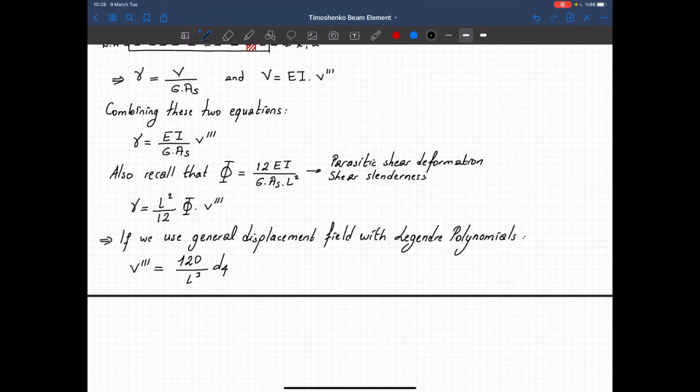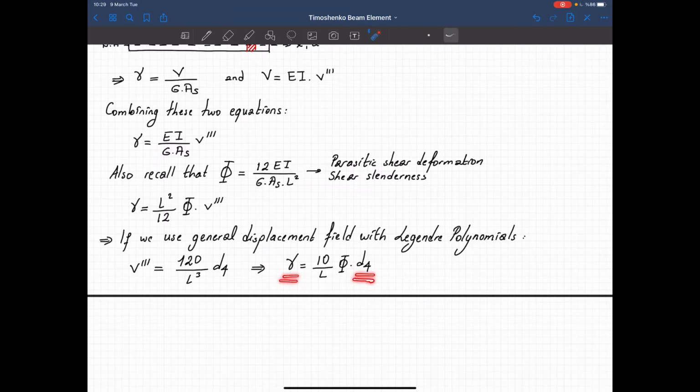Okay, so my shear strain will be equal to 10 over L multiplied by the shear slenderness times D4. So what we observe here is when I assume a general displacement field or the cubic deformed shape, the shear strain depends on only D4.